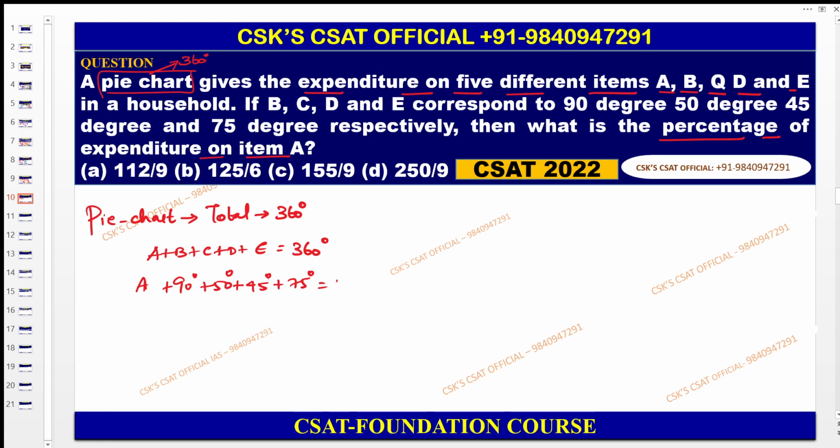Percentage of item A. First of all, find the angle of A. So which is equal to what? A is equal to 360 minus, add up these things, 260. Then A is equal to 100 degrees.